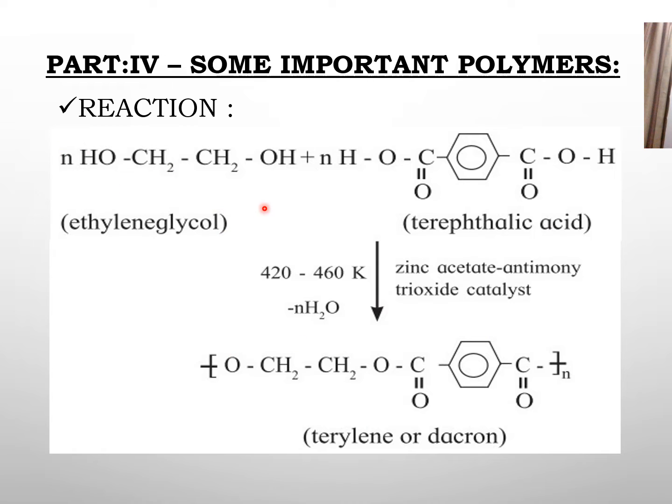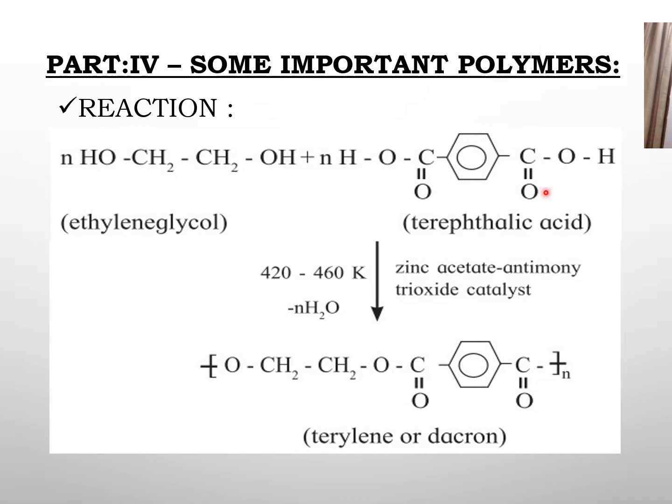Okay, so here if you closely observe CH2OH, CH2OH, the H atom of ethylene glycol and OH of carboxylic acid, they combine to form water, and molecules of water are given out and the ester linkage is created, and n molecules of ester linkages are formed.